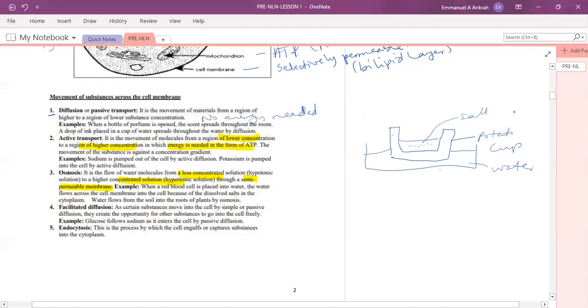Salt solution. And then leave this for some time. If you come back, you realize that the level of the water will increase. It's going to go up. Why? Because the potato tissue here is acting as a semi-permeable membrane. So this is the semi-permeable membrane.